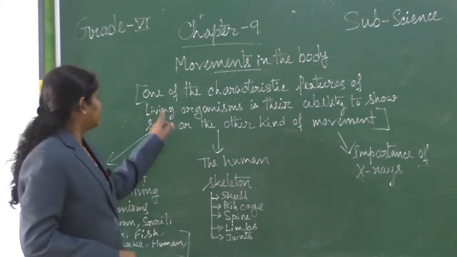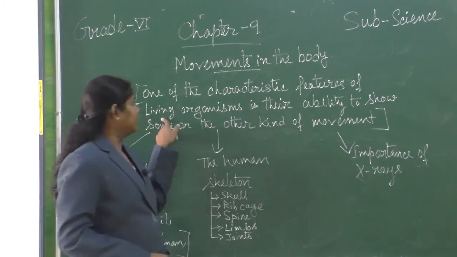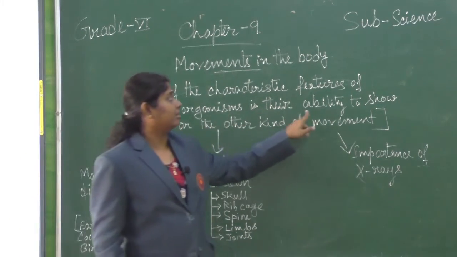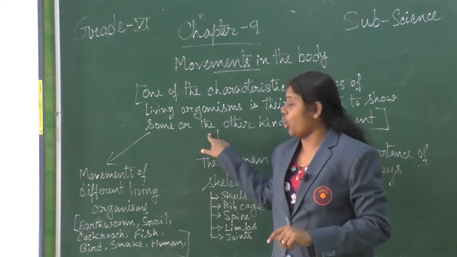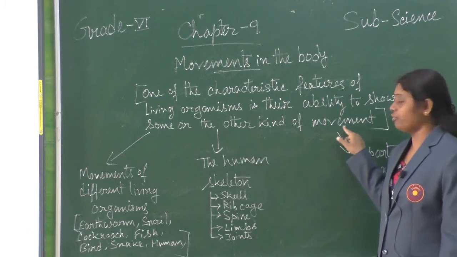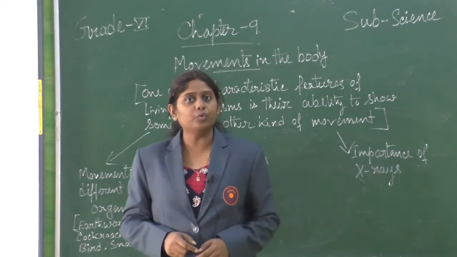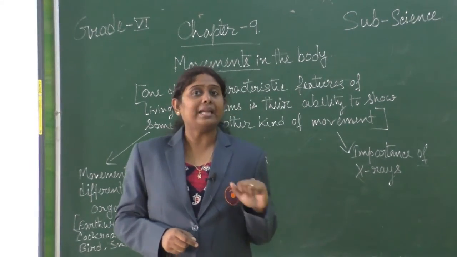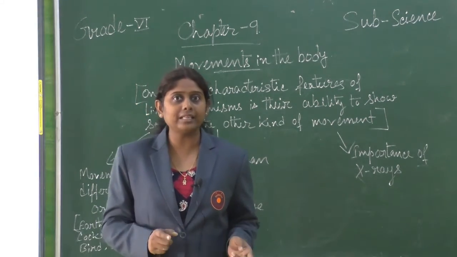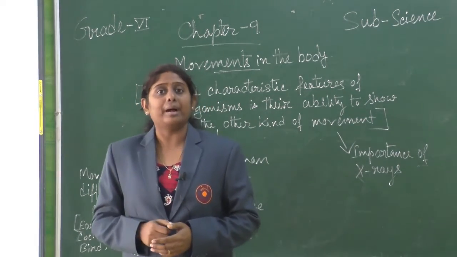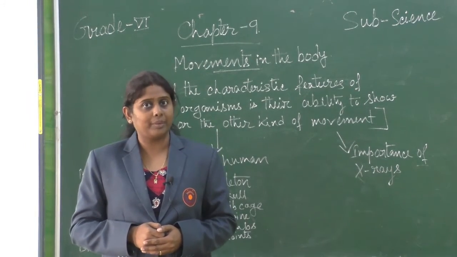Movement is one of the characteristic features of living organisms: their ability to show some kind of movement. Animals can move their hand, animals can nod their head, they can change their place, but plants are fixed, they cannot change their place.